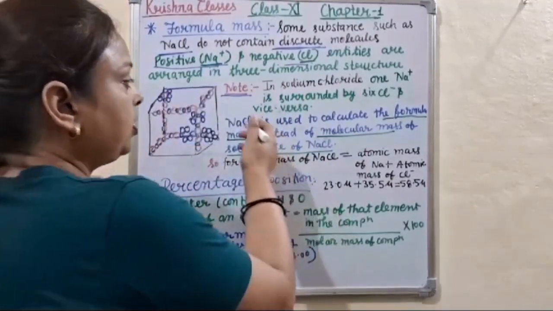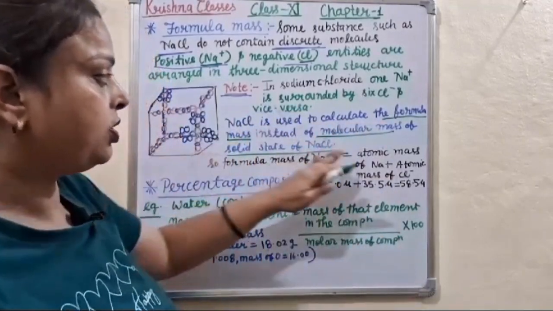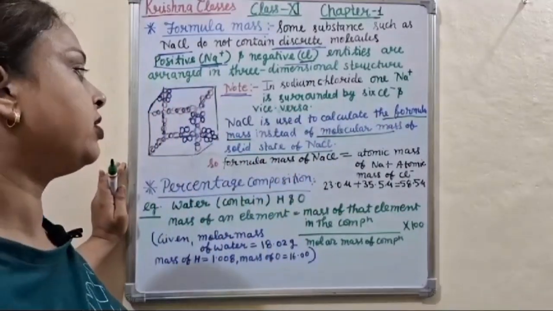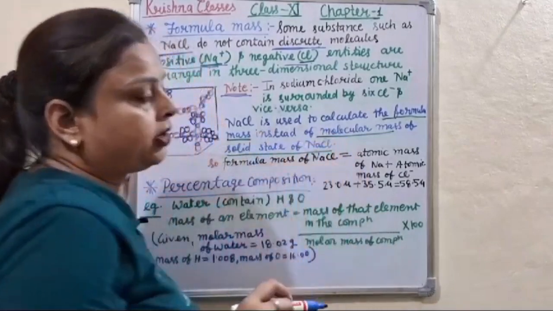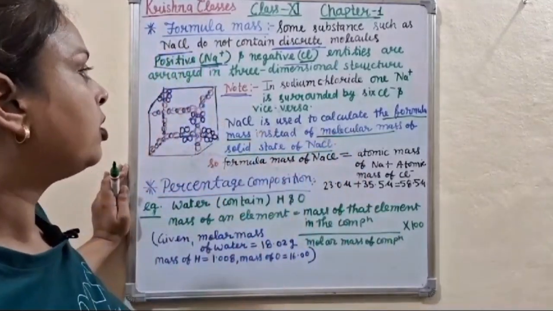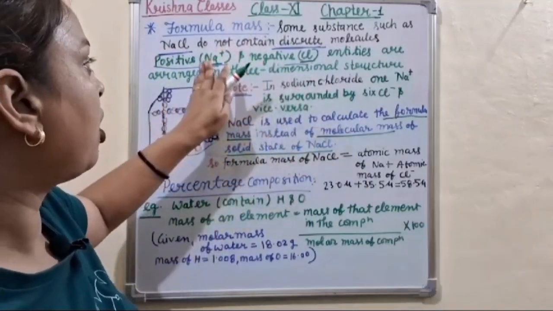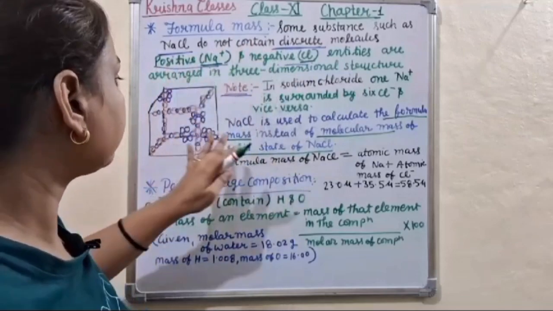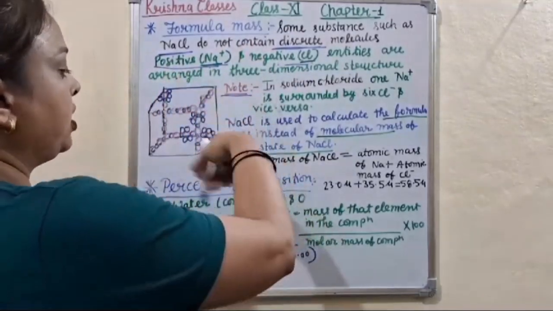And what is the next point? For solid NaCl we calculate the formula mass instead of the molecular mass, because all ions of NaCl are arranged very closely in a three-dimensional structure.